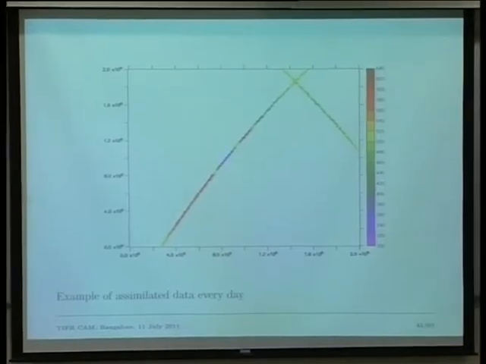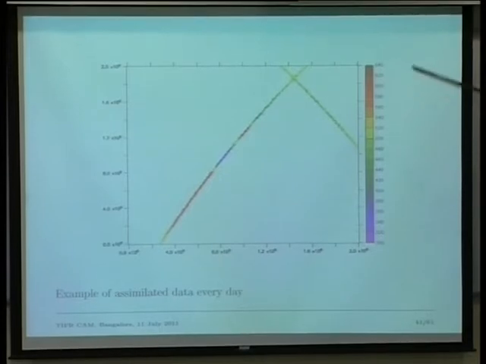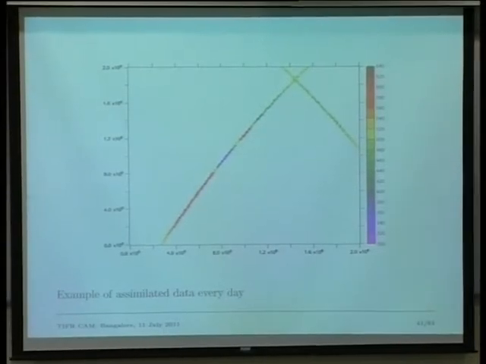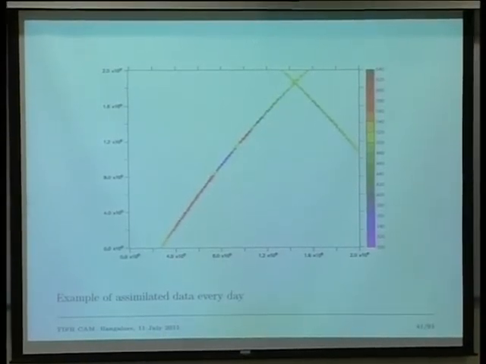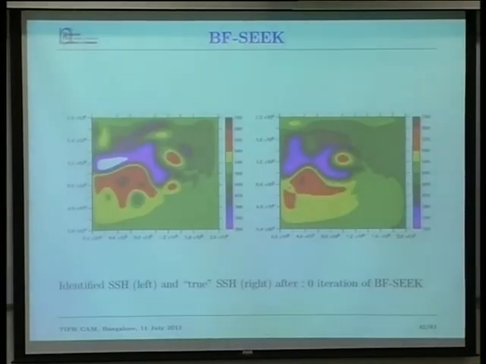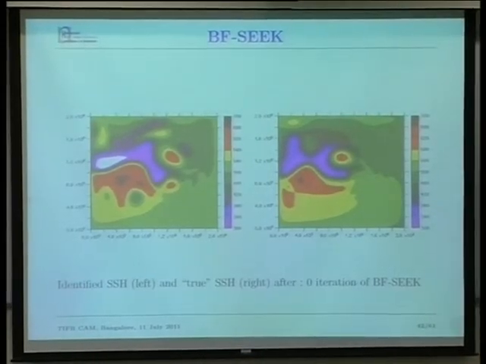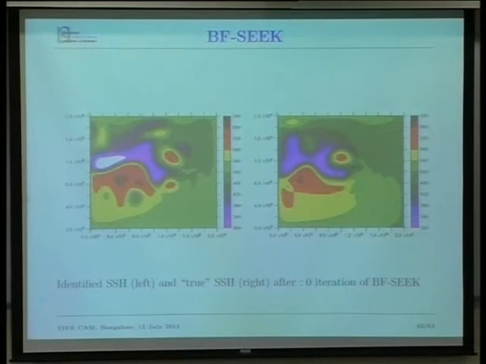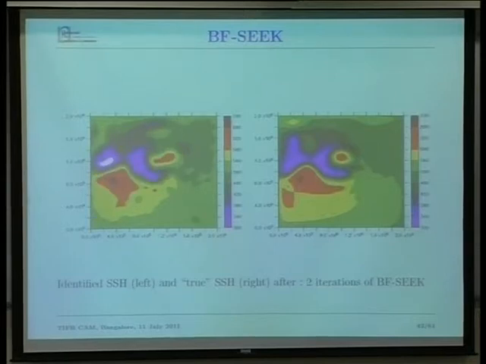So here is, for instance, what you can assimilate one day, the SSH which is available every day. On the right, it's twin experiments. On the right you have the true SSH, and on the left the identified SSH after, so here 0 iterations, so it means it's the background state. Then after 2 iterations, there's some correction of the Gulf Stream.